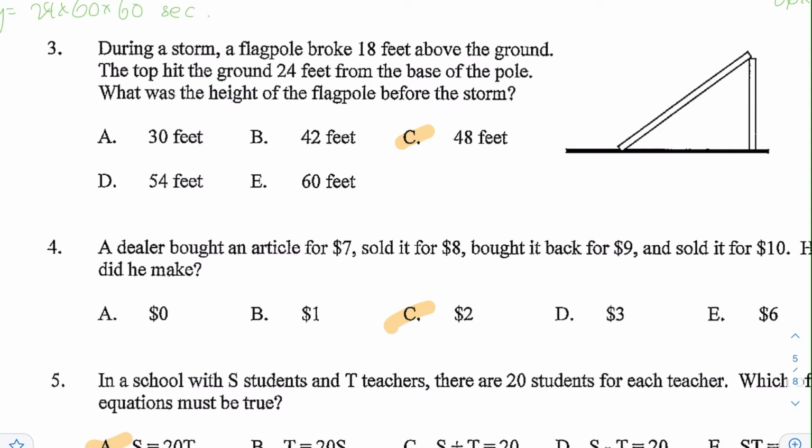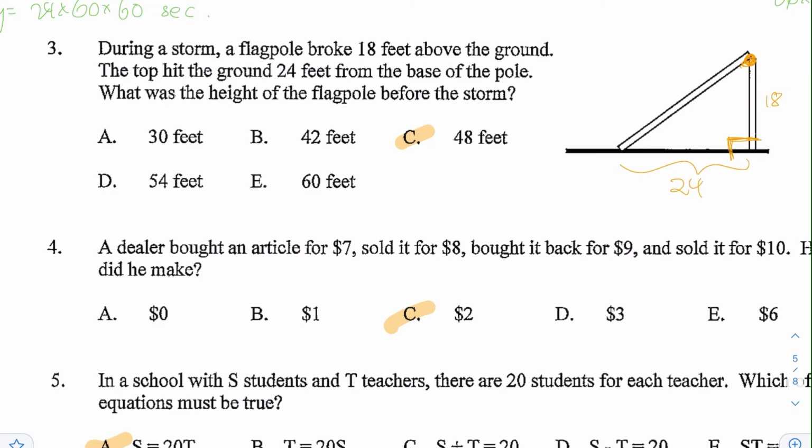So this was 18 feet, and that's 24 here. There's a part that broke. So this is your right triangle. You want to find the last piece, which is the hypotenuse.